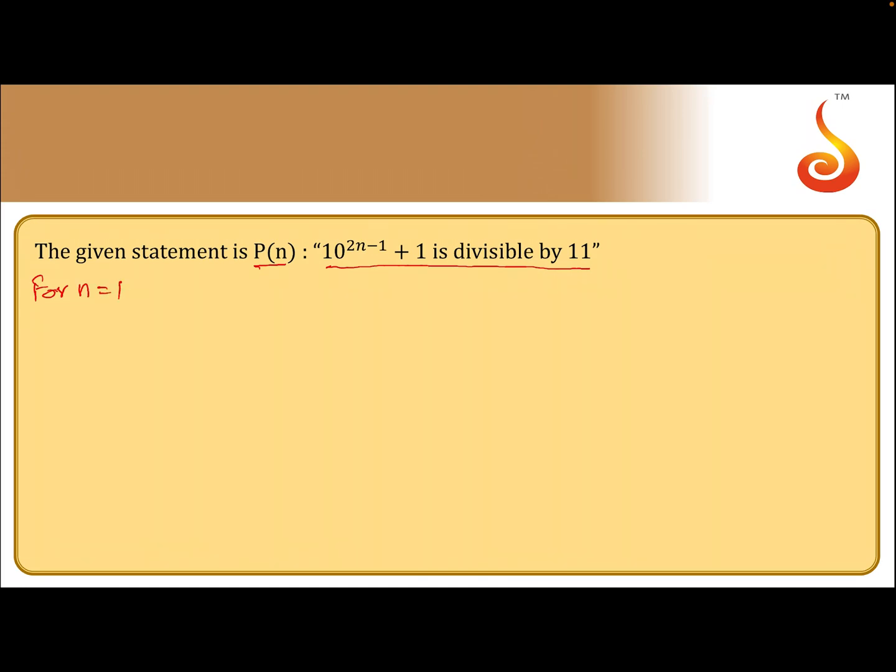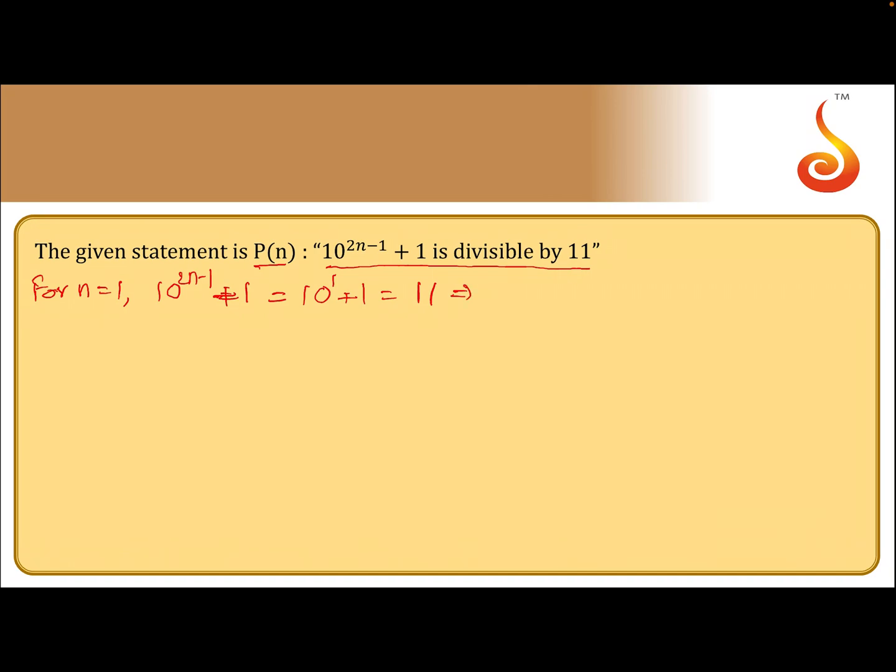So I consider n equals 1 in 10^(2n-1) + 1. Substituting n equals 1, you get 10^1 + 1, which is 11, and that is divisible by 11.